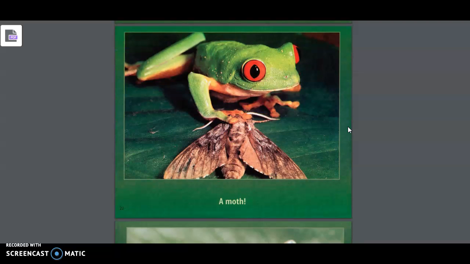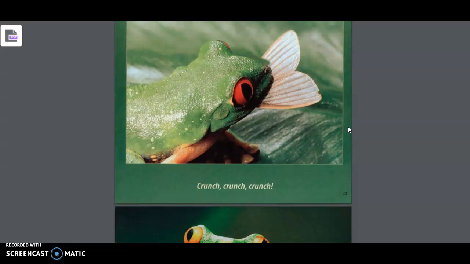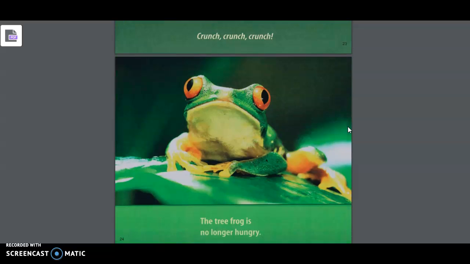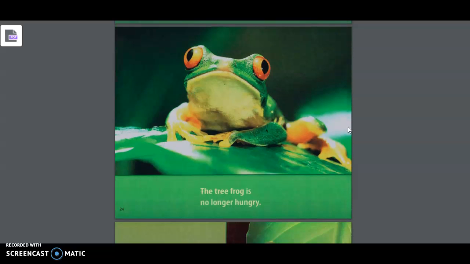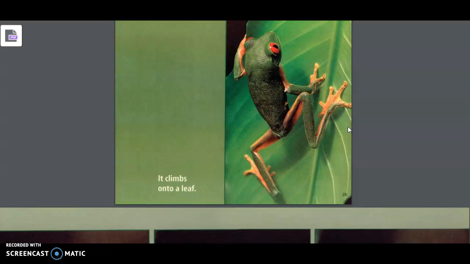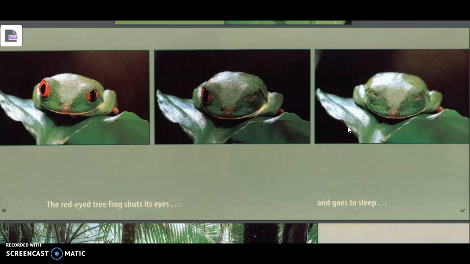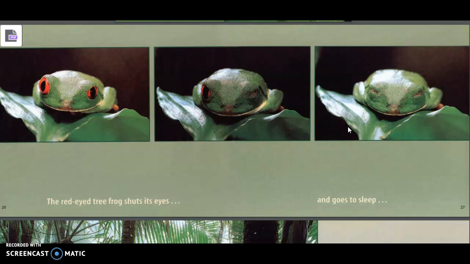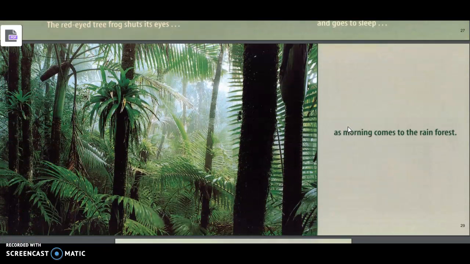A moth. Crunch, crunch, crunch. The tree frog is no longer hungry. It climbs onto a leaf. The red-eyed tree frog shuts its eyes and goes to sleep as morning comes to the rainforest.